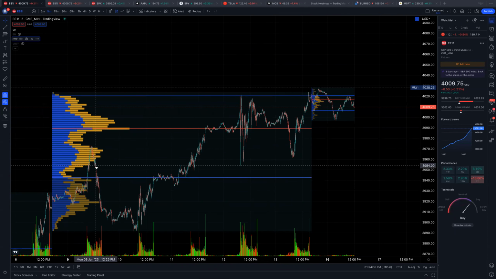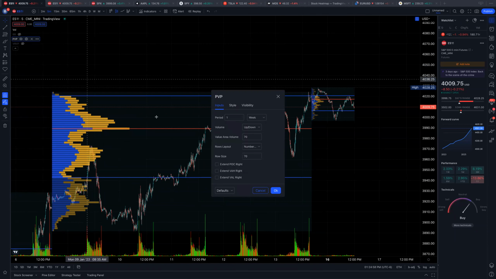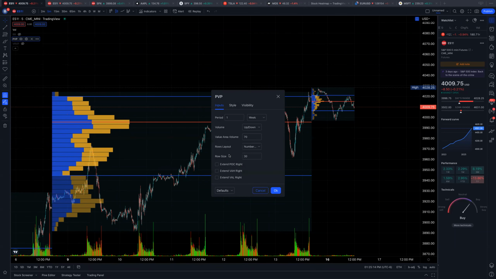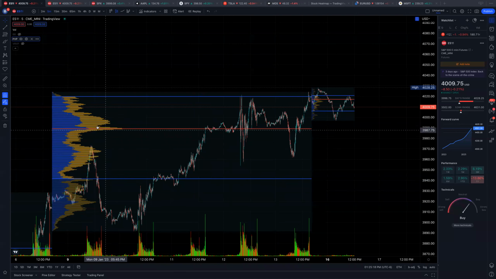Nope, it was on the 30, I think. So if you don't like using so many bars, you can use less, and you could just look at this right here. It's really up to you, what you like. Personally, I like having this a little bit higher, so I can see a little bit better what's going on intraday.